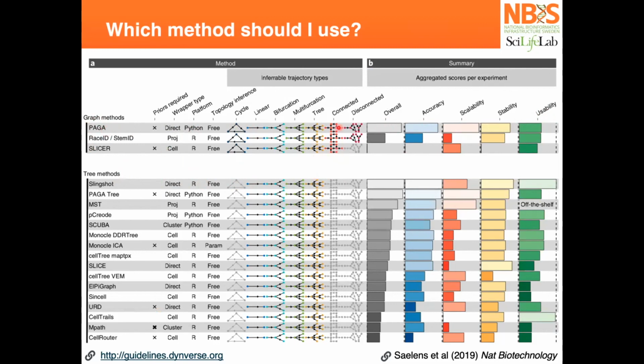And PAGA will fit basically everything because it's based on a graph. But in R, RaceID, in my opinion, is really hard to use. So as you can see also in here, Slingshot in their comparison is one of the best together with PAGA. And that's also one of the reasons why we are teaching them here today.